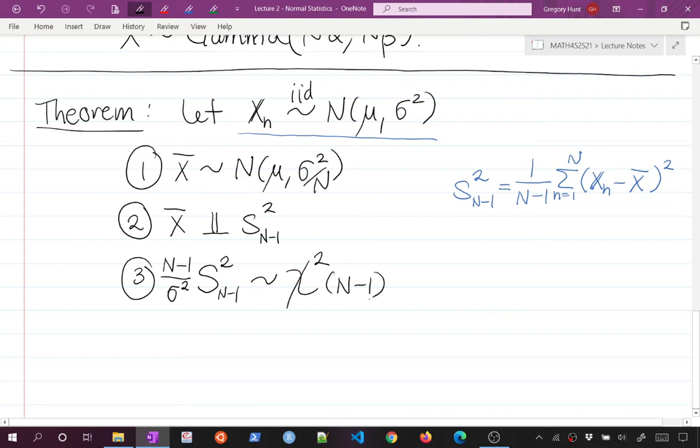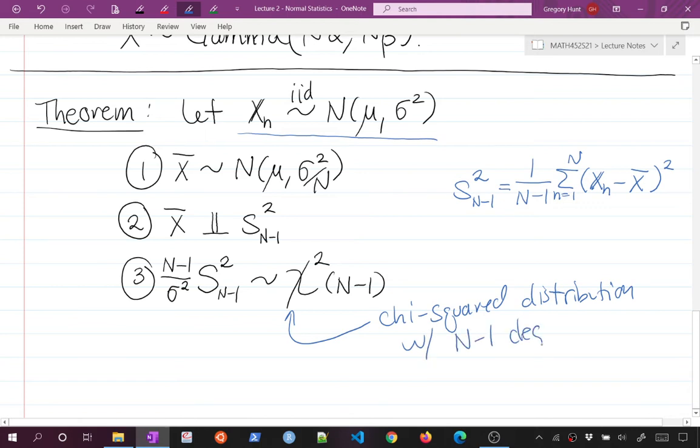That parameter is called the degrees of freedom. In this case, n minus 1 over sigma squared times s squared has a chi-squared distribution with n minus 1 degrees of freedom. We'll talk about this fact in a little more detail in a second.